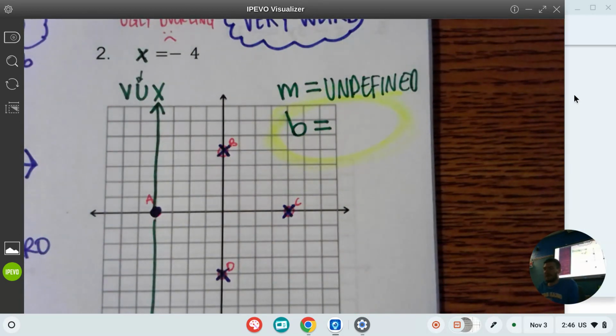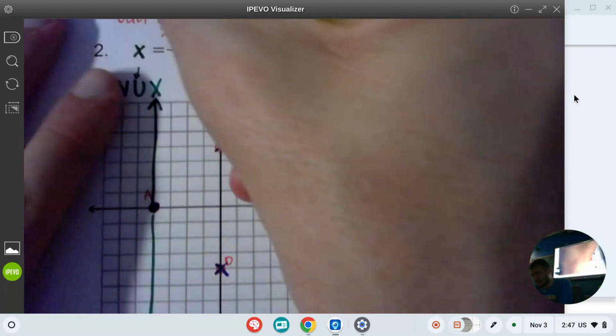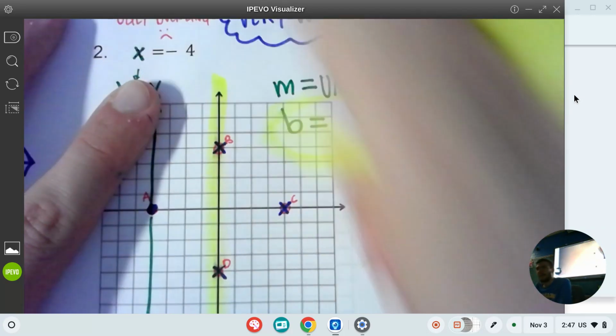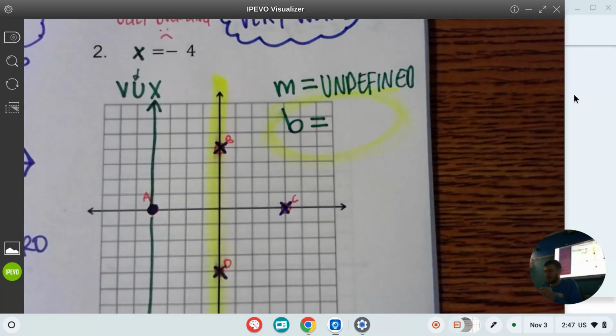The x-intercept. Oh. Neither of those is right. B stands for the y-intercept, okay? B stands for the y-intercept.